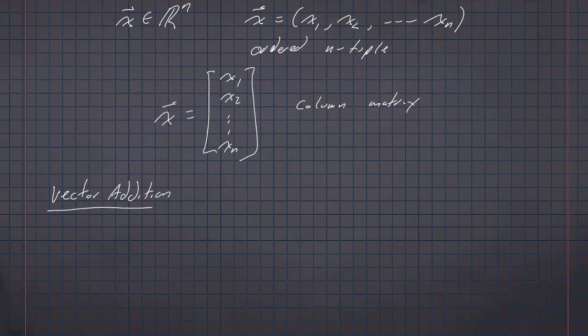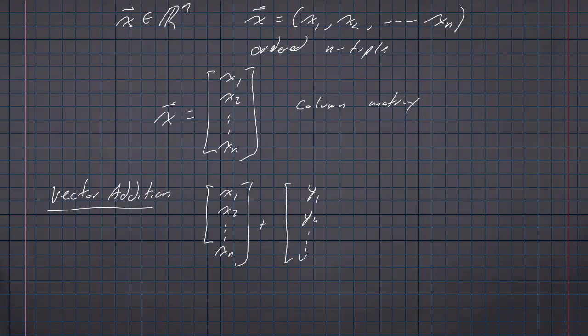The first of those operations is vector addition. If I have two vectors that I want to add together, the rule for adding vectors in the Euclidean vector space is that you add entry by entry.